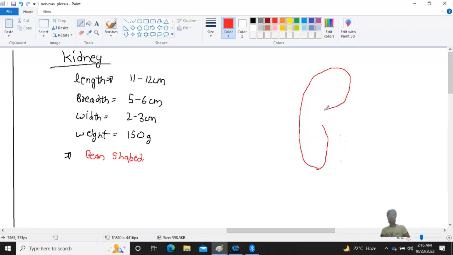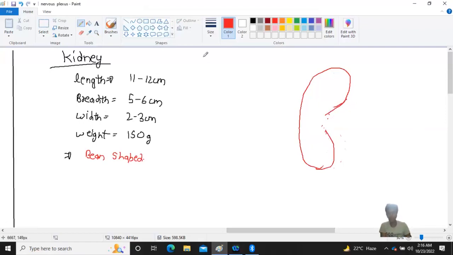Remember, the upper pole is slightly bigger than the lower, and this is the hilum portion. Right? Upper pole is slightly bigger. It has two parts, one upper pole and a lower pole.